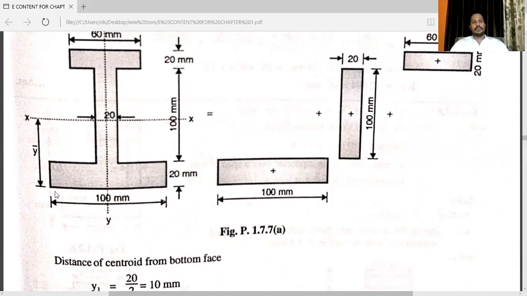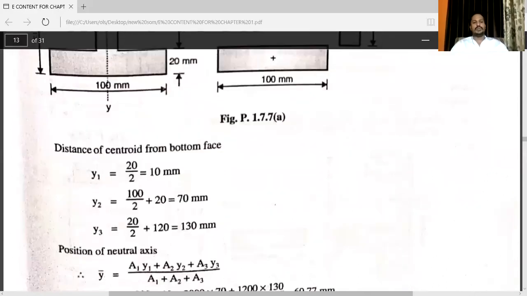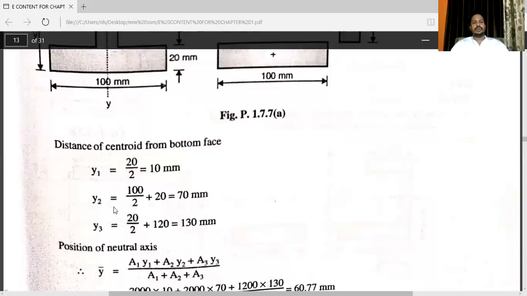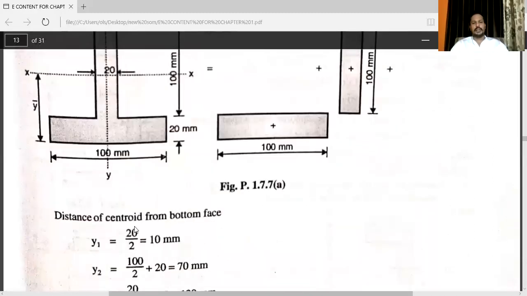All distances are from the base only, because here the diagram is not symmetrical about the horizontal center line. Already you know how to calculate y1, y2, and y3, but I am explaining again.